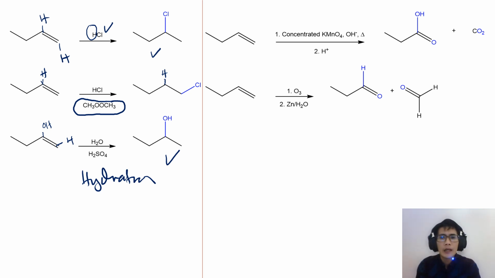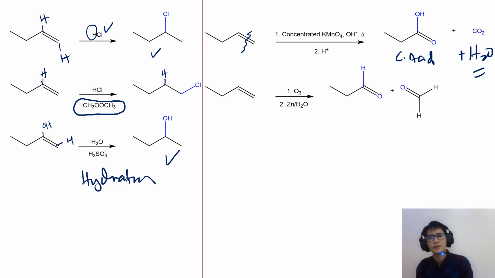Okay, and for reaction number 4, you will get carboxylic acid, carbon dioxide, and also water molecule. Okay, water molecule missing. And for reaction number 5, you will get the aldehyde.